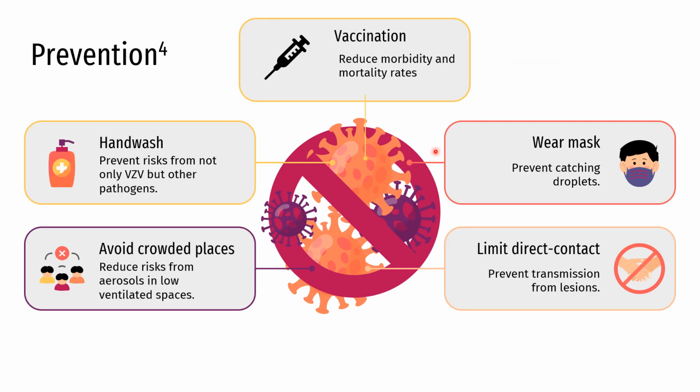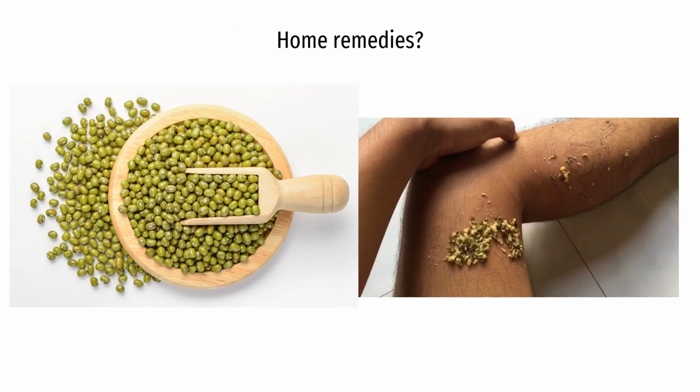So VZV can be prevented not only by vaccine but also by being cautious. As you can see, washing hands can prevent the risk from all pathogens, not just VZV. Wearing masks in public prevents catching droplets from infected individuals. Limited direct contact prevents transmission through open lesions, and avoiding crowded places reduces the risk from contacting aerosols in low ventilation areas.